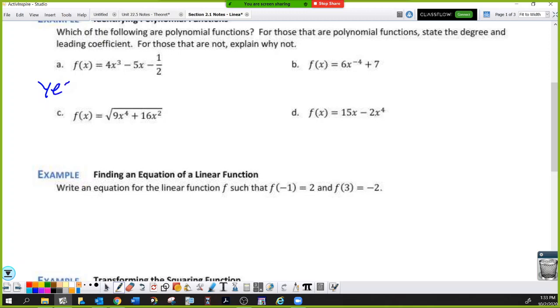So yes, this one is. Its degree, I'm going to write deg, is the largest exponent, degree 3. And its leading coefficient, I'm just going to write leading, is the number that sits in front of the x with the largest exponent, 4. There you go. Very simple.